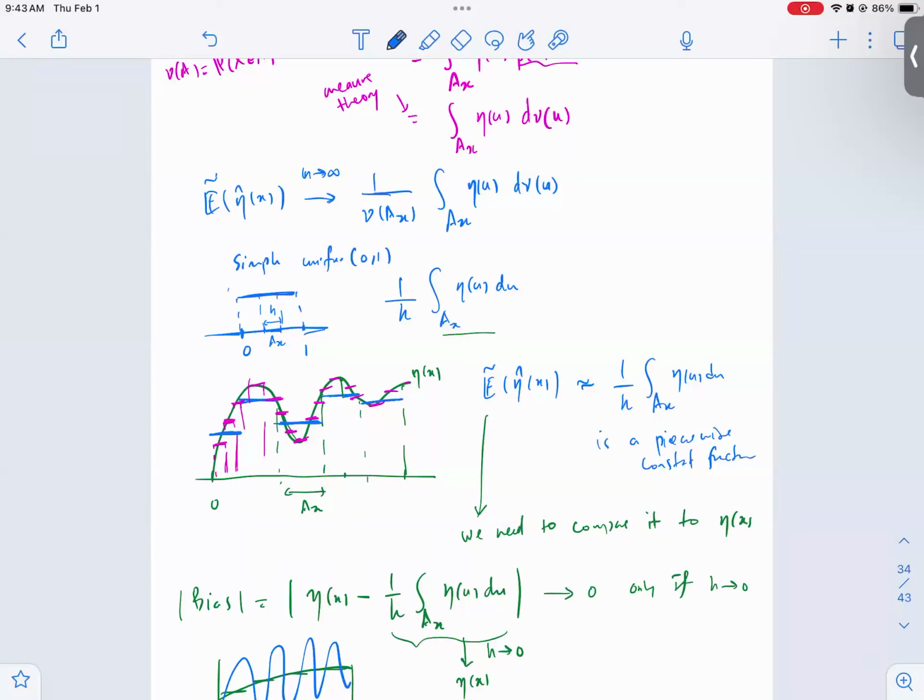So effectively, in expectation, this partitioning estimator behaves like a piecewise constant function, constant over these cells. And it's actually true even not in expectation, because of the way you construct it, you always get the same value for eta hat of x over a cell of the partition.